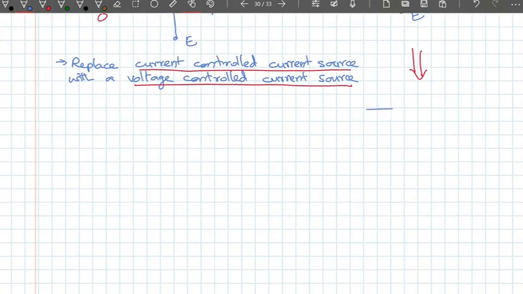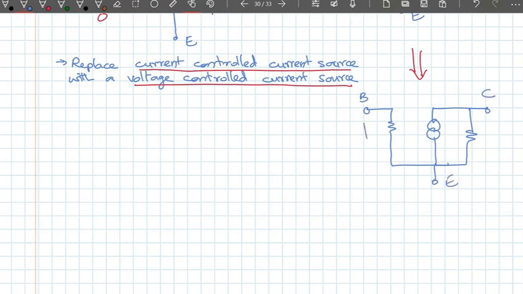You have the same thing, the input impedance R pi, the dependent current source, and R out, with base, collector and emitter terminals. And here, instead of beta, let's use gm times the input voltage, that is VBE, capital V, subscript BE.